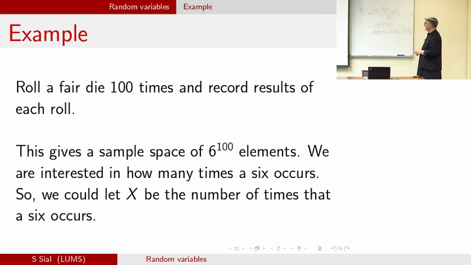So let's say for some reason we are interested in how many 6s you got when you roll this 100 times. We could let the random variable X be the number of times that a 6 occurs.